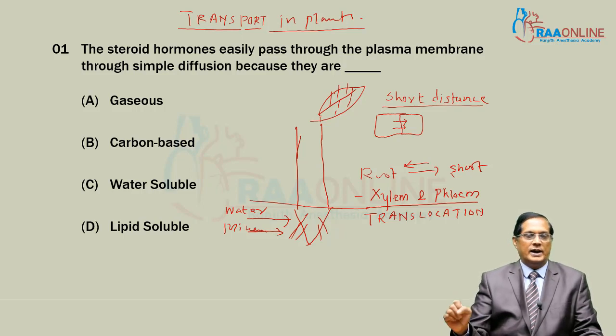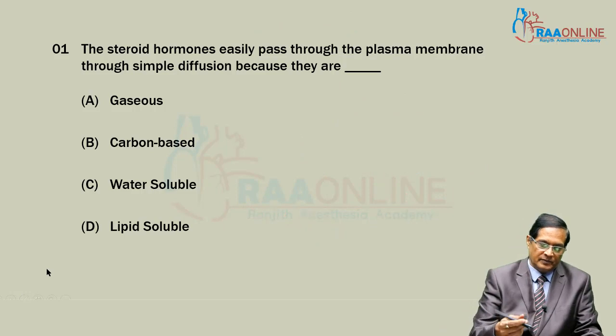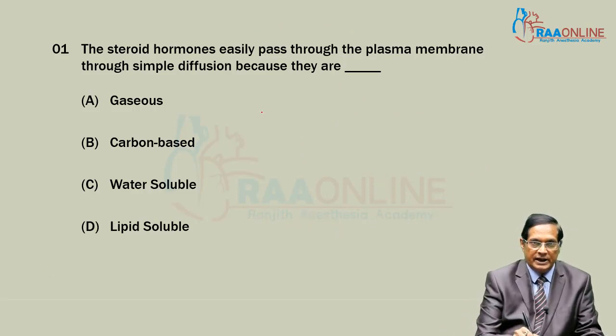Question 1 starts with: steroid hormones easily pass through the plasma membrane through simple diffusion. This is actually with regard to short distance transport. Plasma membrane is made up of lipid plus protein.